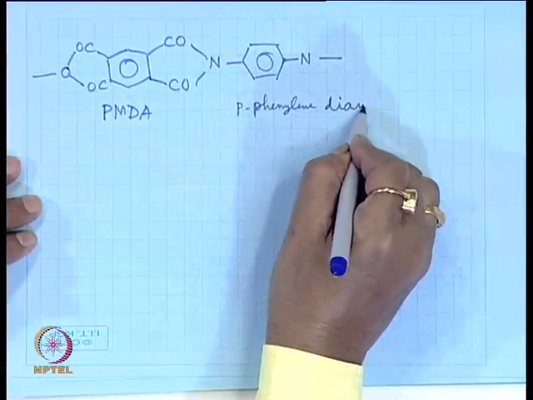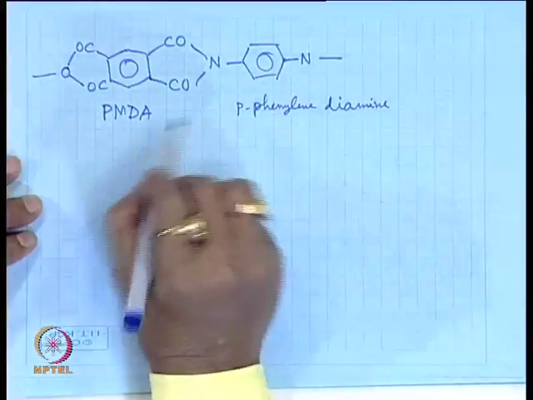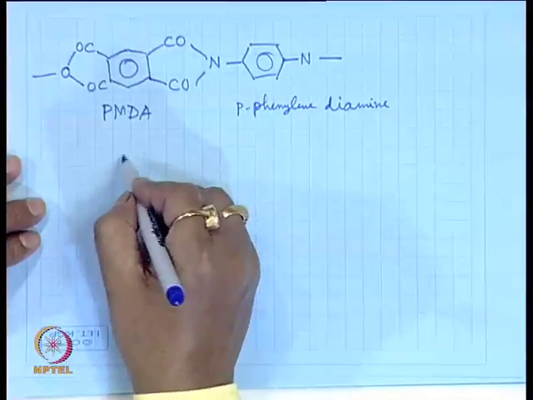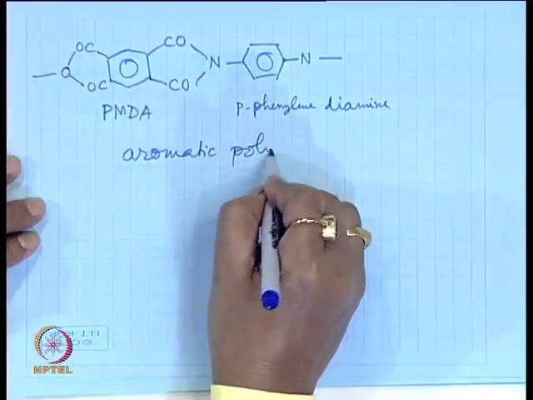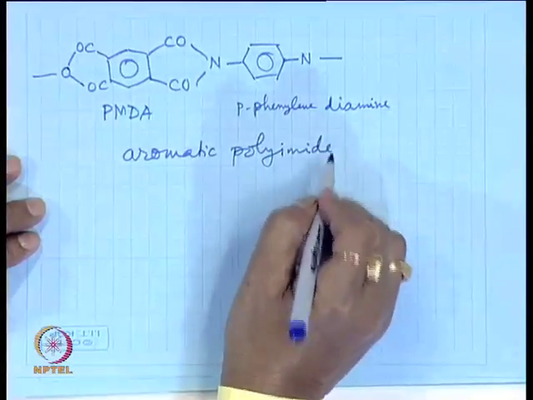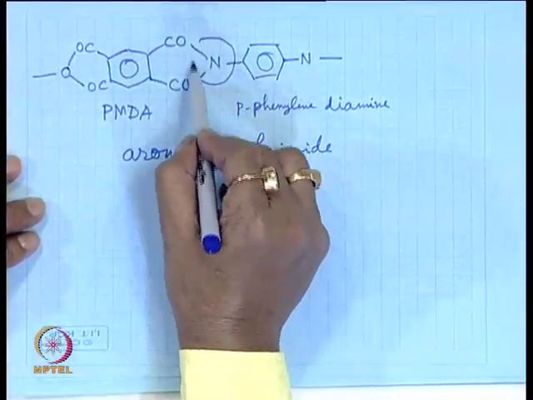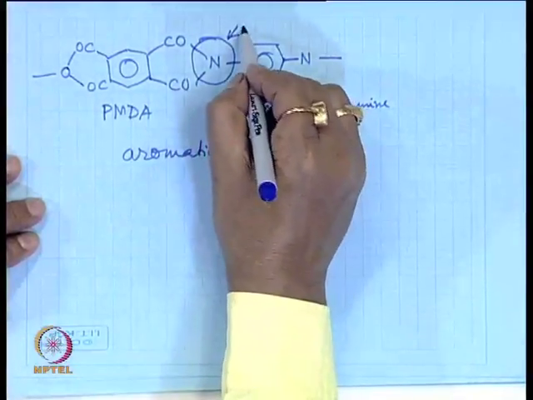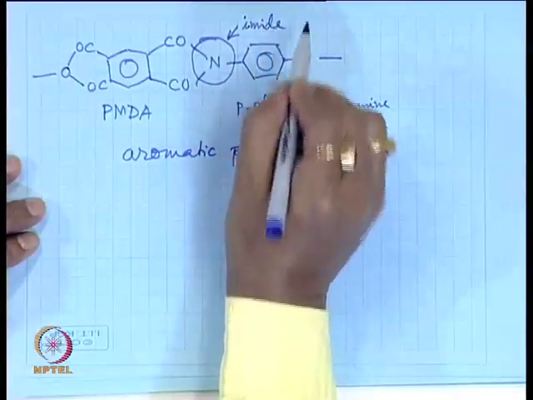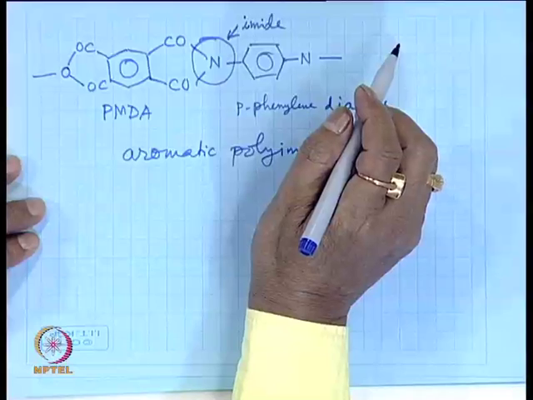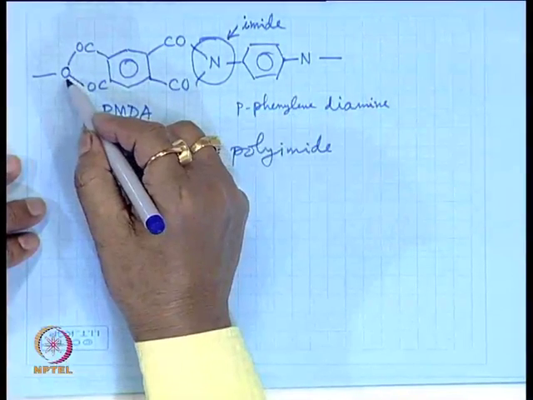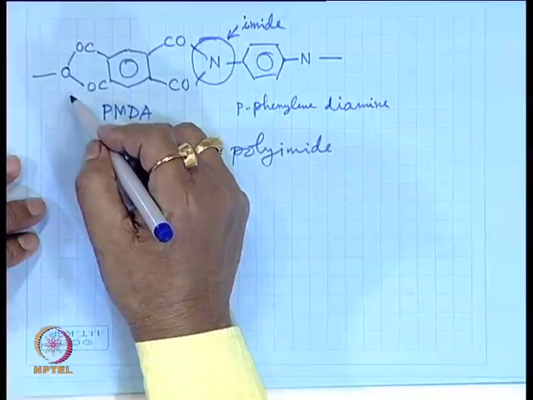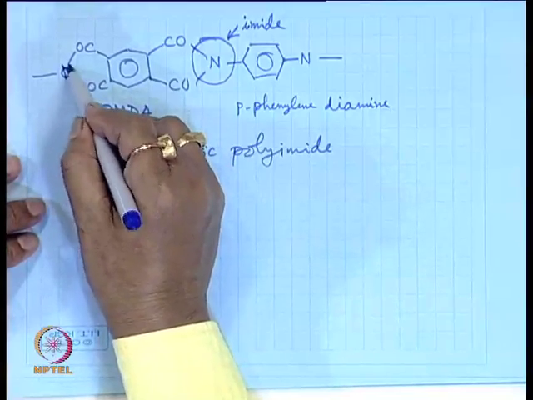diamine, we get an aromatic polyimide. This is the imide functional group. Oxygen, 3 sigma bonds. Here, no, actually sorry, here nitrogen will come.